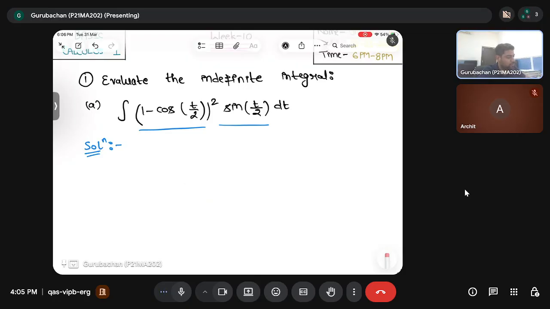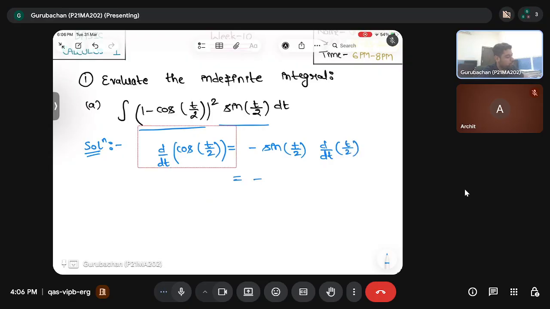What is the differentiation of cos t by 2? It is minus sine t by 2 into d by dt of t by 2, that will give you minus sine t by 2 divided by 2.